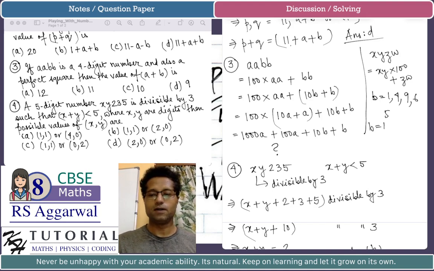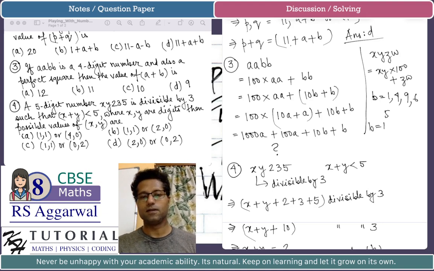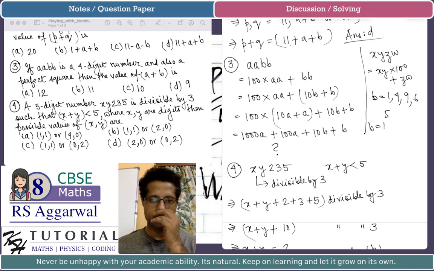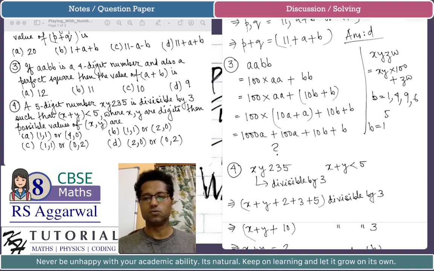Choice A, 12, means that A plus B is equal to 12. If B is 1, then A is coming out to be 11, which cannot be the case because A and B are digits. Their values are from 0 to 9. So choice A is right away eliminated.